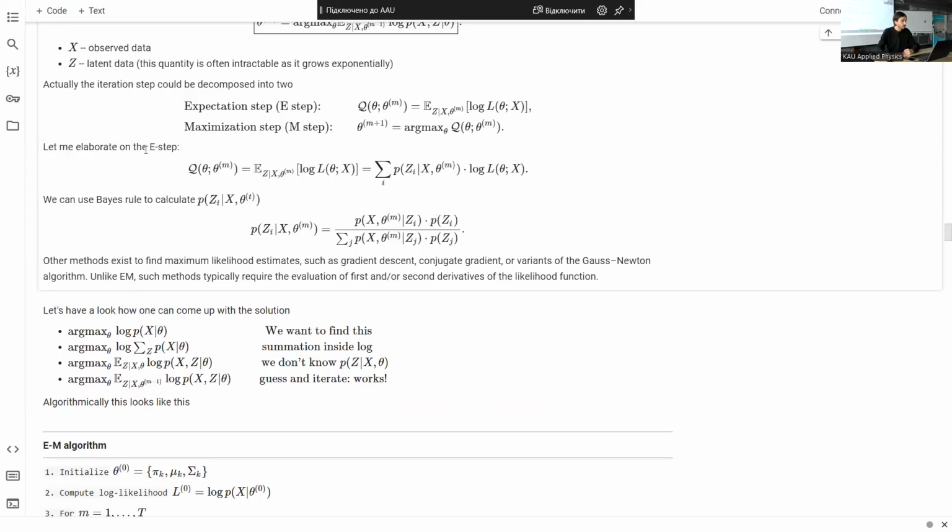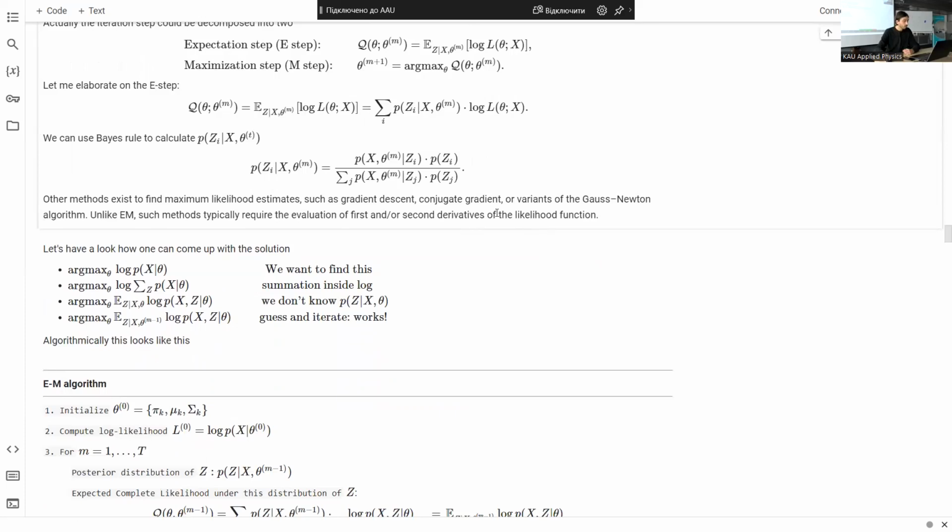Here is the E step, the expectation step. That's what we have here. We have our data set, we have our parameters, and the probabilities for that z_i multiplied by the logarithm of the likelihood. We use the Bayes rule and we get this sort of formula.